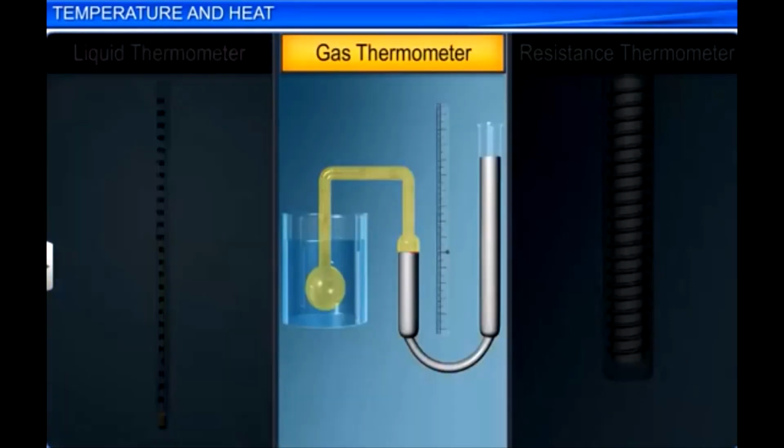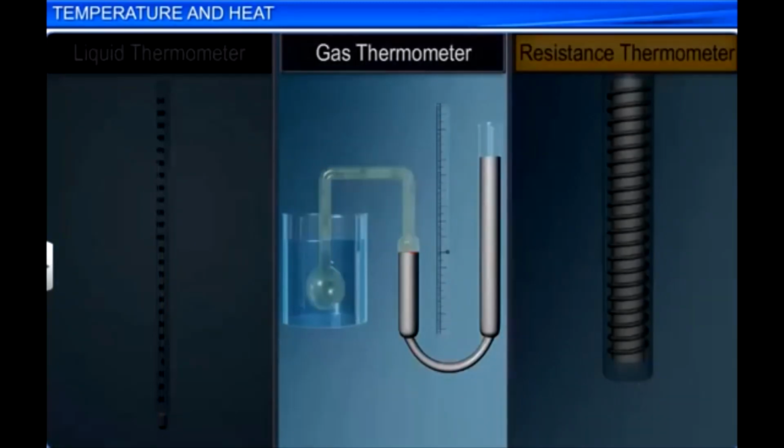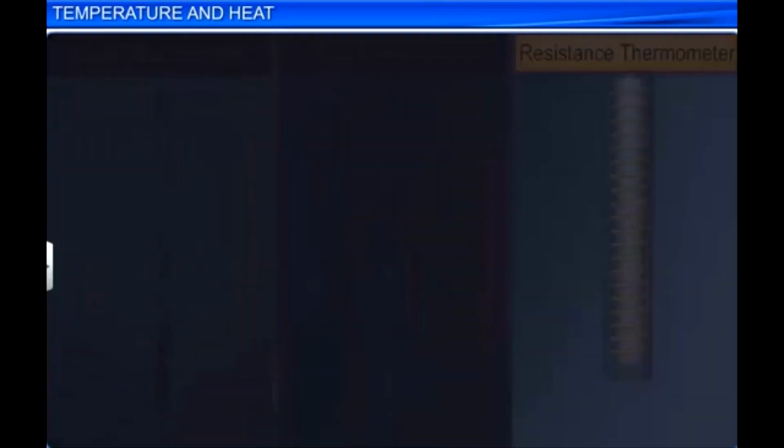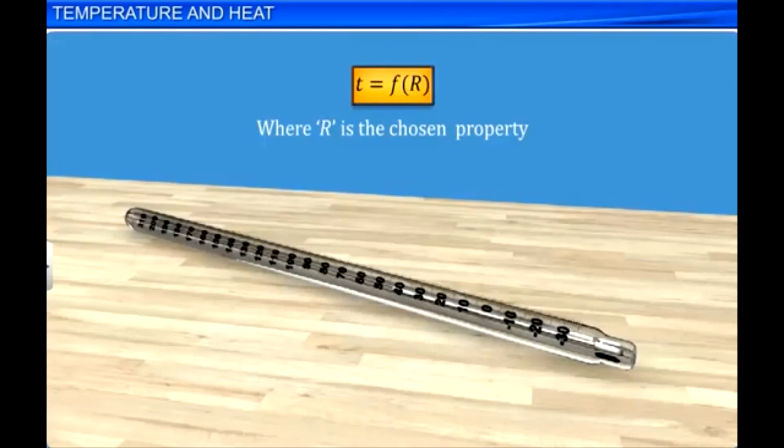Pressure of the gas in a constant volume gas thermometer and resistance of a platinum wire used in a resistance thermometer change linearly with the change in temperature. The temperature of a body can be written as a function of the selected property, say R.